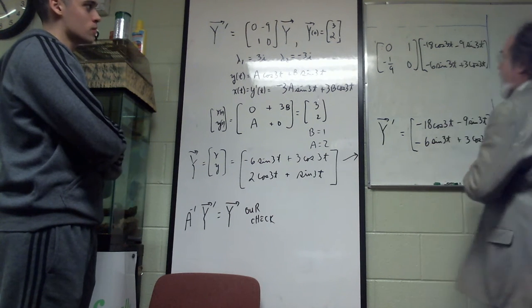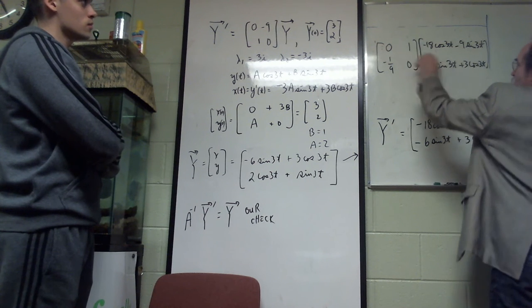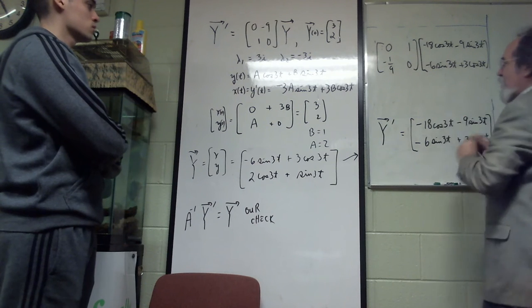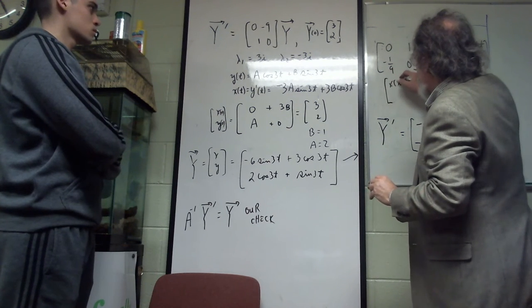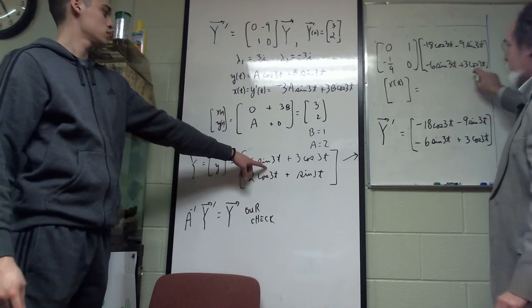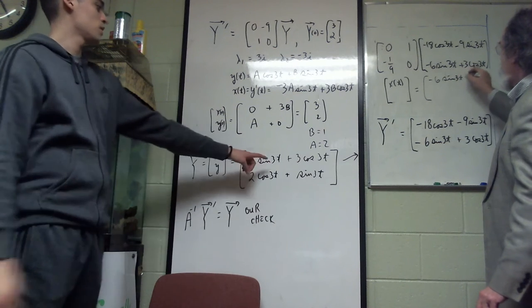Is it right? So I have to do 0 times all this, that's 0. 1 times all this. So my top line, my x of t, is supposed to be equal to this, negative 6 sine 3t plus 3 cosine 3t. It works. Point to it again, Bronco. Right here. Yep.